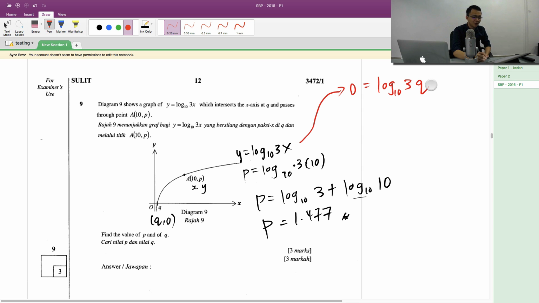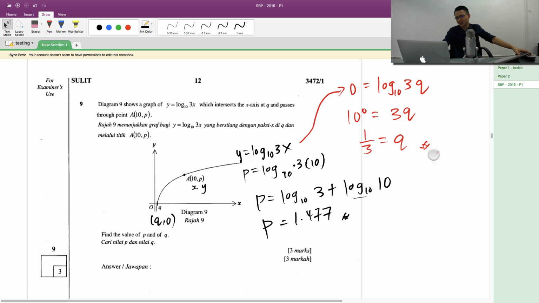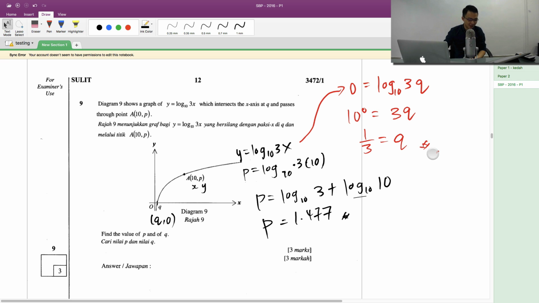Then I will solve this one. I move the log10 to the other side, becomes 10 to the power of 0 equals 3Q. So 10 to the power of 0 is 1. I move the 3 to the other side, it is 1 over 3 equals Q. Done. I think this is a log question, and it looks a little bit like a linear law question, but it is a log question.